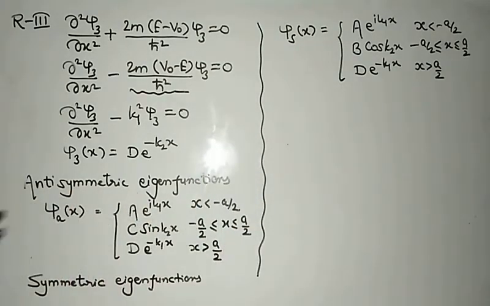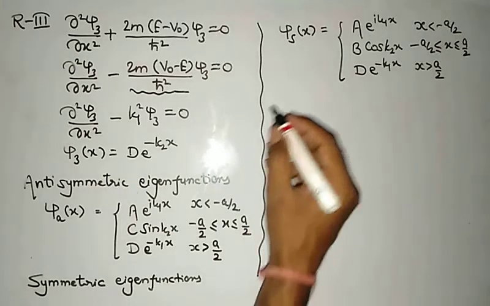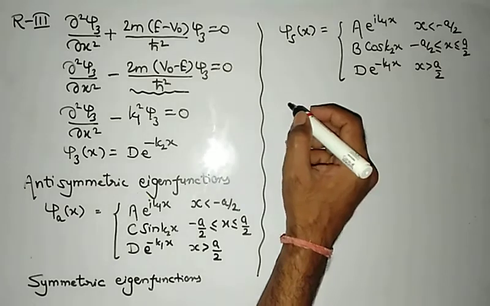Now we have to find eigenvalues. As we know that in a bound state we have discrete energy levels. So to find those energy levels, we will apply the continuity condition, the boundary condition.